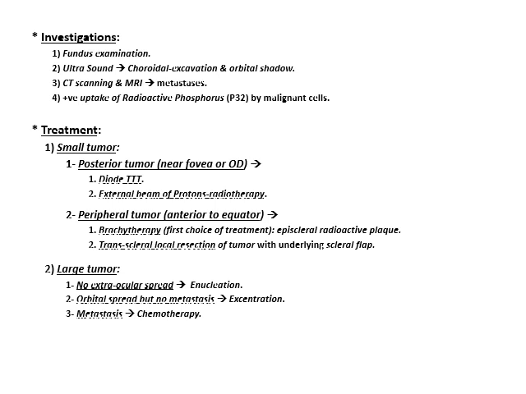If it is a large tumor confined inside the eye, meaning no extraocular spread, in this case I will do enucleation. But if there is orbital spread but no metastasis, I will do exenteration. If there is metastasis, treatment is chemotherapy.